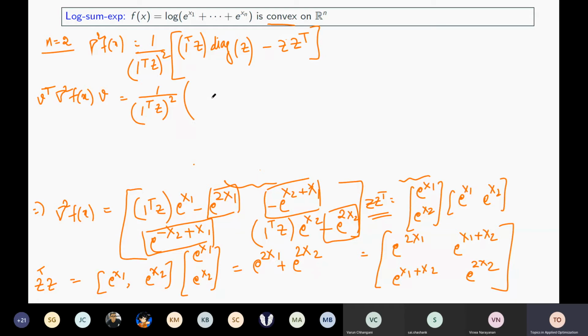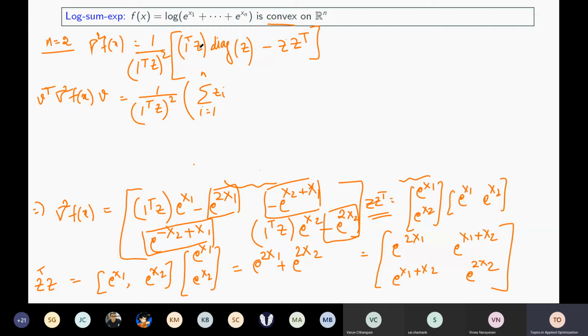and then these guys are like the summation of zi. So let me write this like this: i equals 1 to n, and the v that you have multiplied here will get multiplied from the left with v, and it will also get multiplied from the right with v.